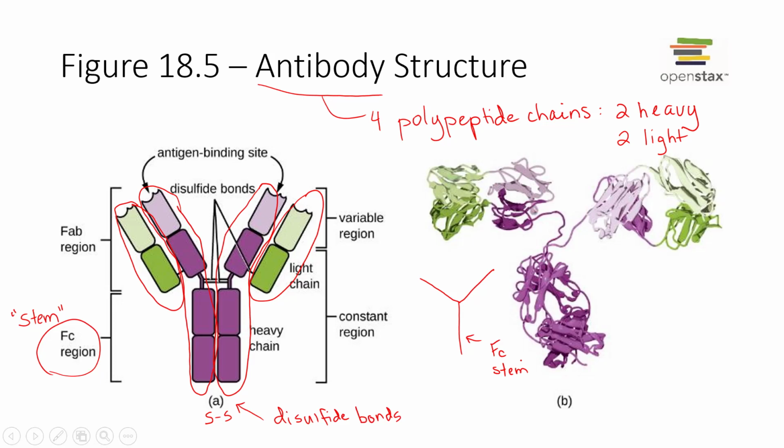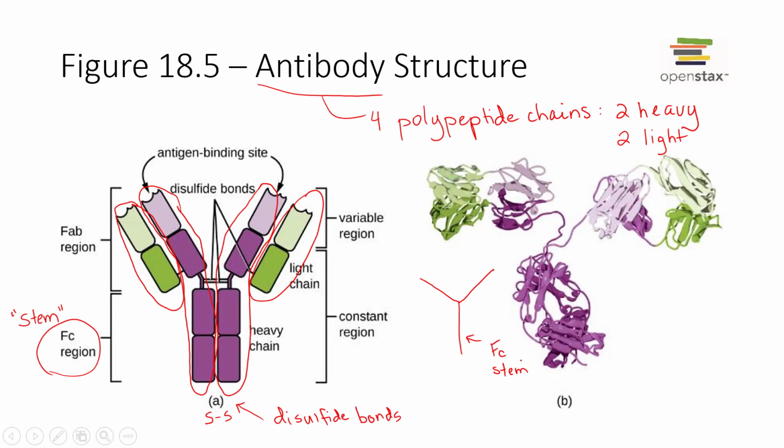And basically that just means the C is for constant. So it's a constant region that pretty much is the same from species to species. So all animals produce antibodies in infections. And so in humans, that Fc stem is a conserved region among other humans.